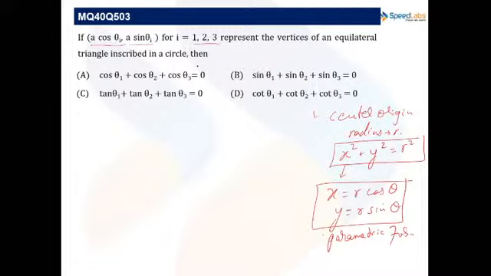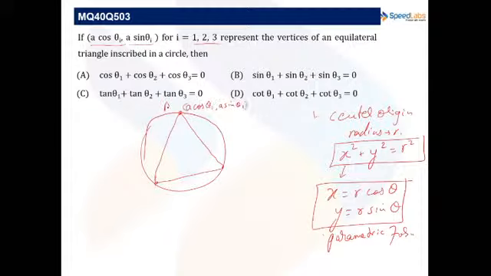Then, if we can see, if we are having some circle and we are having a triangle here, and this point is A (a cos theta 1, a sin theta 1), B, let's say, is (a cos theta 2, a sin theta 2), and C, let's say, is (a cos theta 3, a sin theta 3).